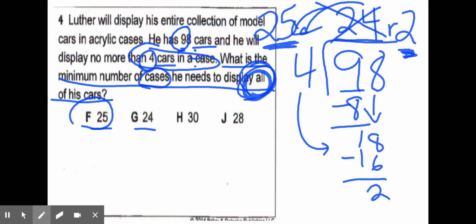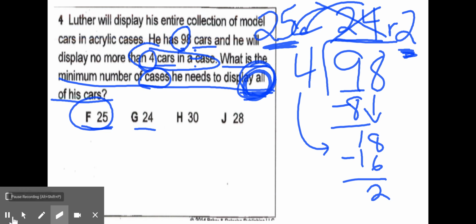So remember, if it says all or everyone needs to be put up or go on the ride or go on the trip or get a ticket, make sure you bump it up. Now, if they would have just said how many complete cases, then we would have picked 24.